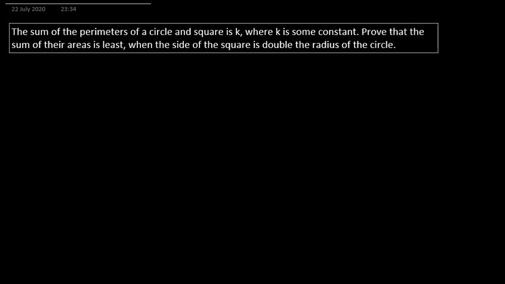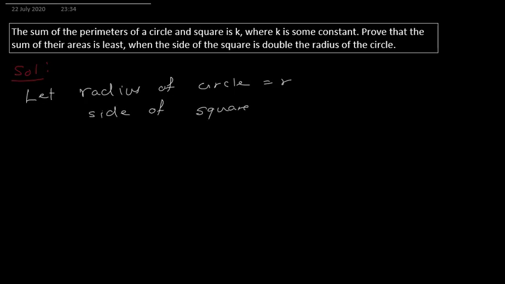So I will start the solution. Let the radius of the circle be r and the side of the square be a.